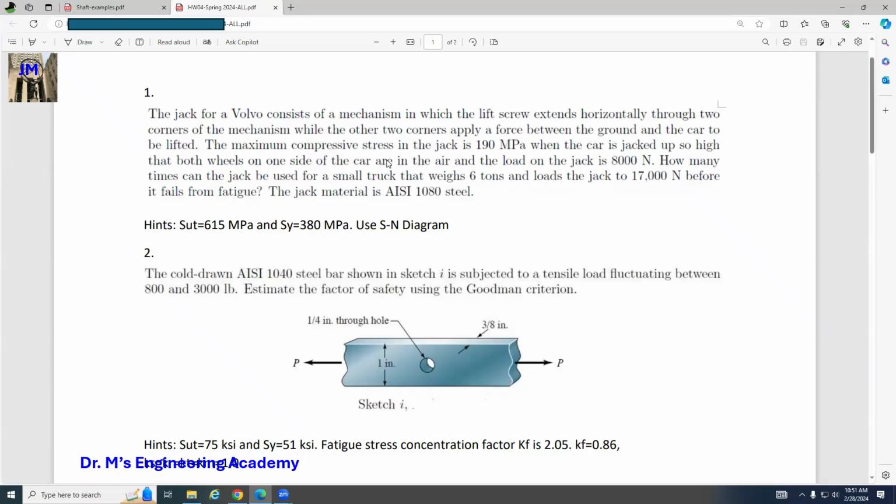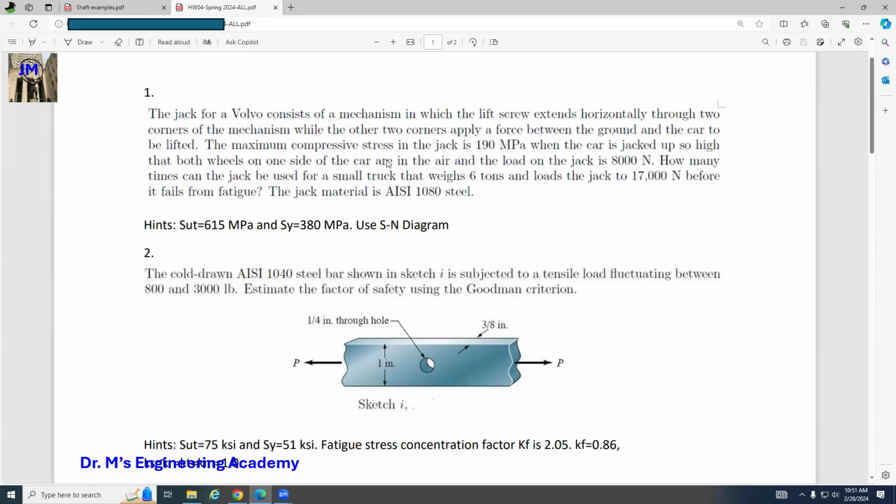So d to the power 4 equals 19.60 d to the power 4. This is 1 inch, and the 1 inch needs to be converted to this value in meters, because they are written in meters.